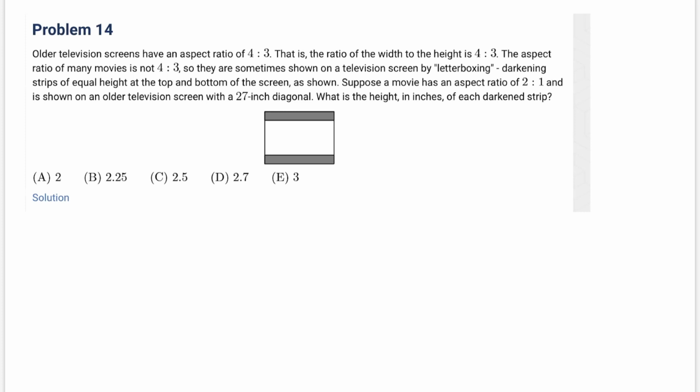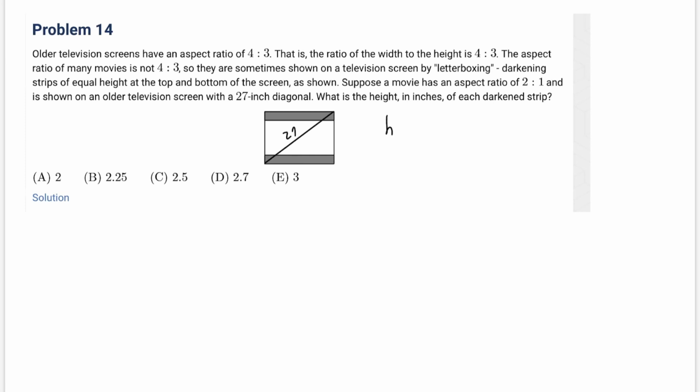Suppose a movie has an aspect ratio of 2 to 1 and is shown on an older television screen with a 27-inch diagonal. What is the height in inches of each darkened strip? So it says the aspect ratio is 2 to 1 and the diagonal is 27 inches. This much is 27.